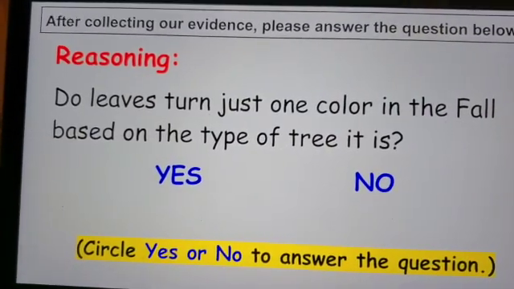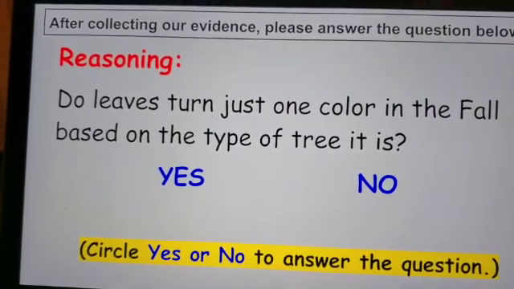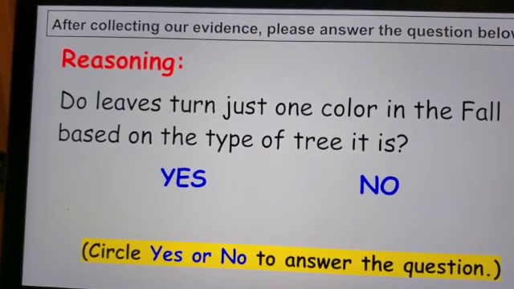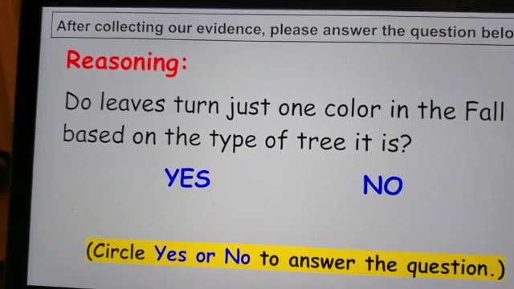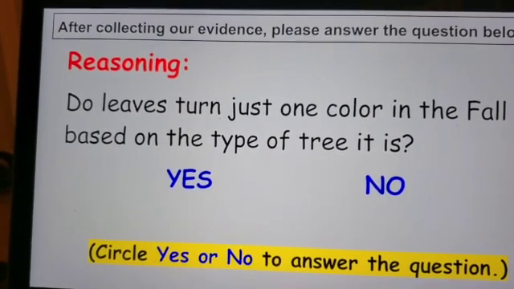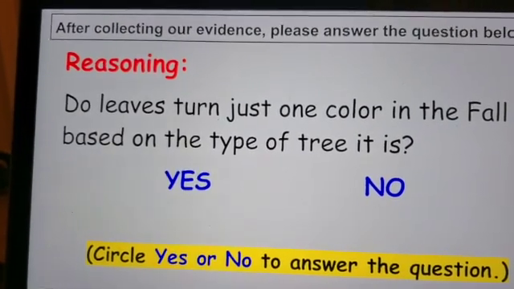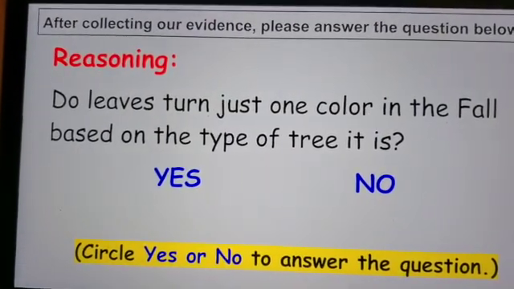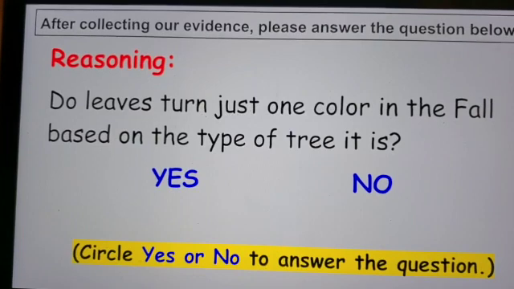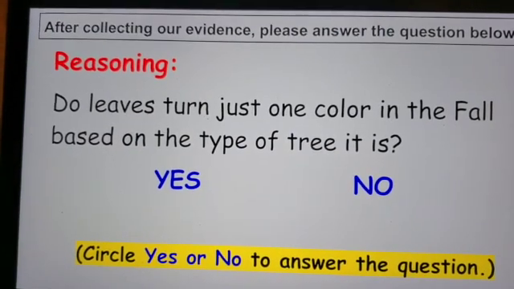If all the leaves of a tree were the same color, then you would circle yes if the leaves turn just one color in the fall based on the type of tree, or you would circle no if there are lots of different color leaves on a tree.